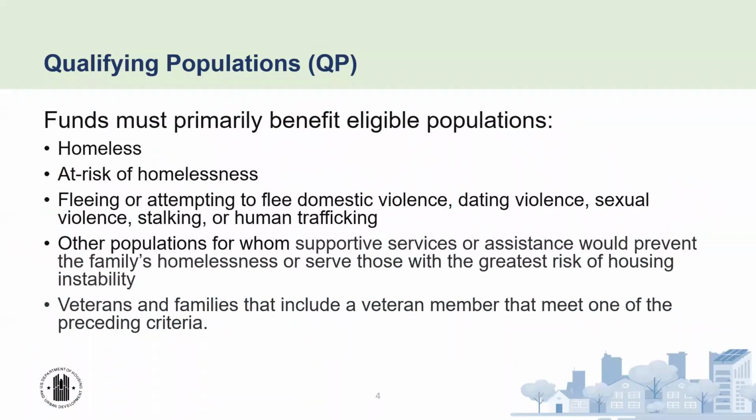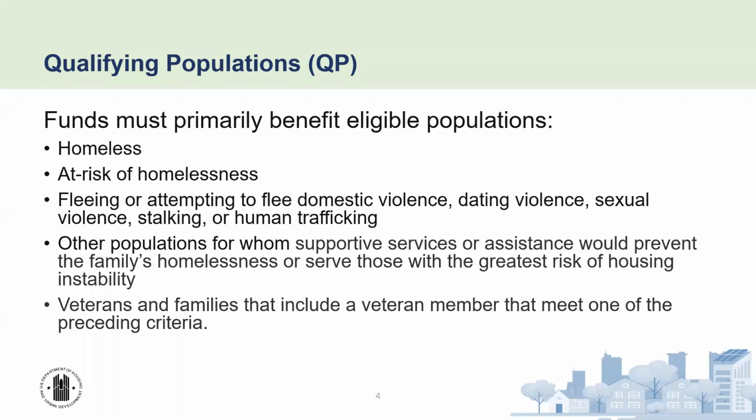Ginny went over this really thoroughly on Monday. I just want to do a quick recap to provide context for establishing preference and the rental housing requirements. As she said, the statute established several different qualifying populations as eligible HOME-ARP beneficiaries.